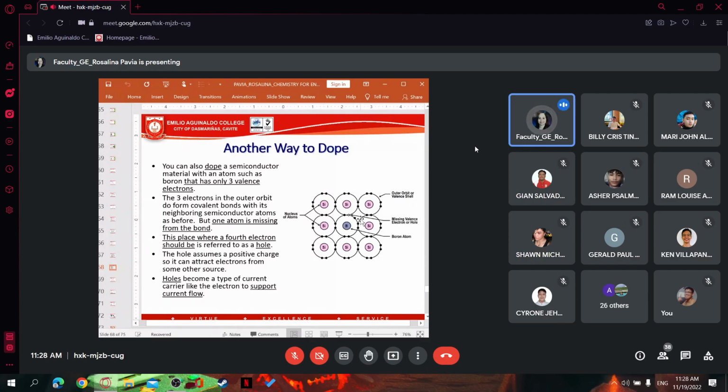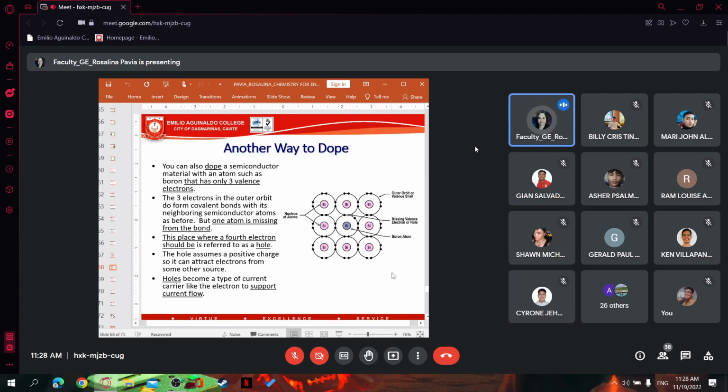Paano pag kulang? Si boron, it has 3 valence electrons. So, the 3 electrons in the outer orbit do form covalent bonds with its neighboring semiconductor atoms as before. But 1 electron is missing from the bond, kulang ng isang electron. This place where a 4th electron should be is referred to as a hole, may butas.